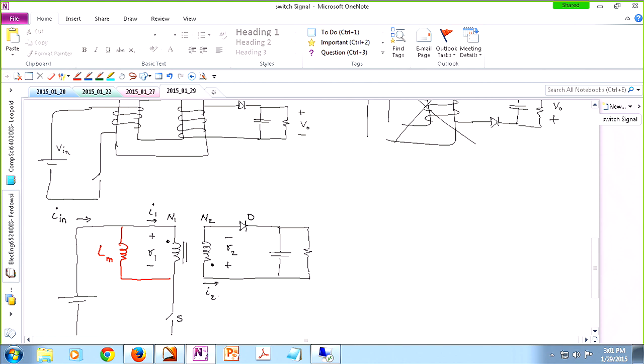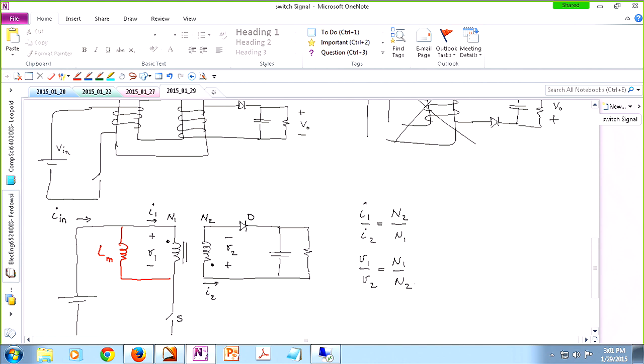In that case, you can argue that I1 over I2 is N2 over N1. All right, if you assume this convention that I1 is going into the dotted node and I2 is flowing out of the dotted node, you can say I1 over I2 is N2 over N1. And obviously, the other one is the way we label the voltages, which is V1 over V2 is N1 over N2.